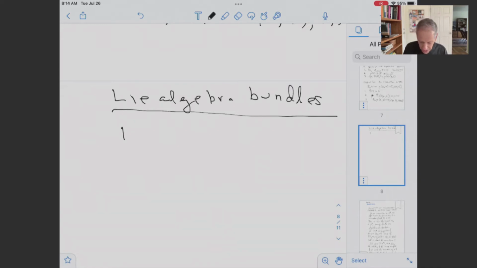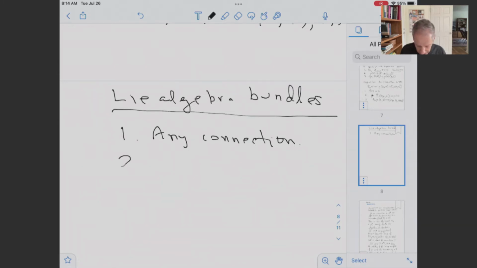Okay, so condition one, that's the version of action preserving the Poisson structure. It turns out any connection works, basically because the anchor is zero, and so zero vector fields always preserve the Poisson structure.